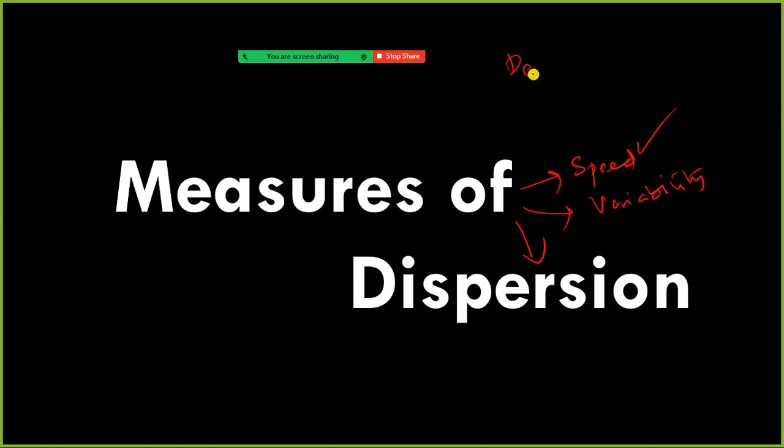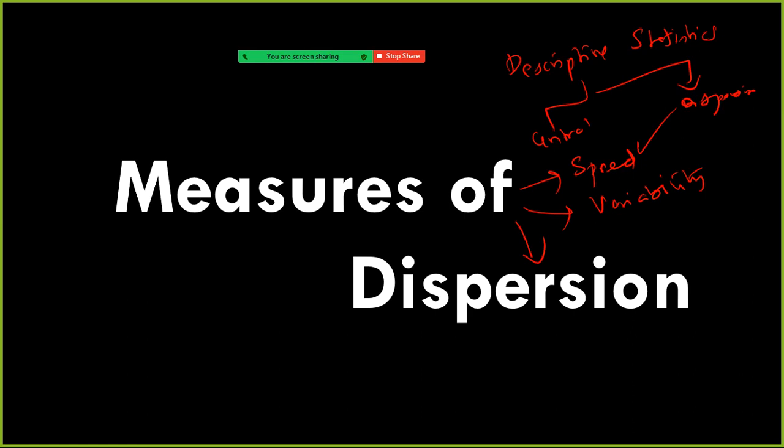This you remember. The measures of central tendency and measures of dispersion or spread fall under which category? Descriptive statistics.